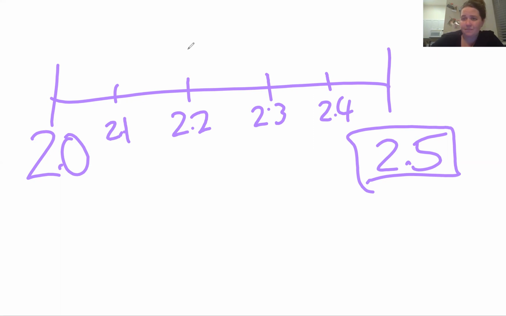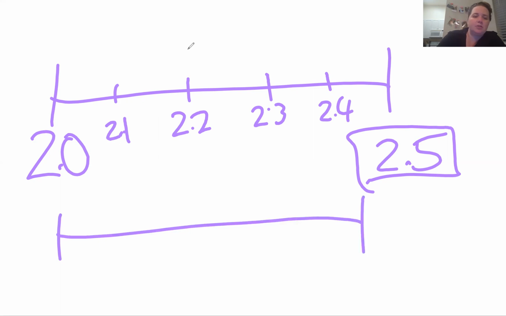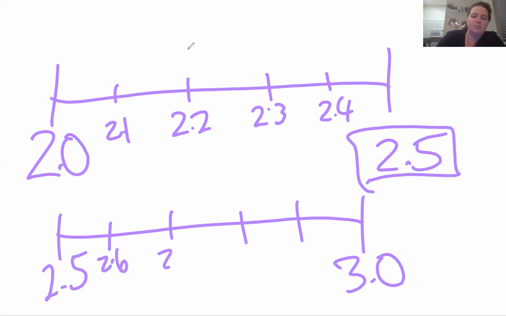When it starts at the 2.5 and it goes up to the 3.0, look how this happens. This is 2.6, 2.7, 2.8, 2.9. Can I do 2.10? Or would that just be 2.1 over again?